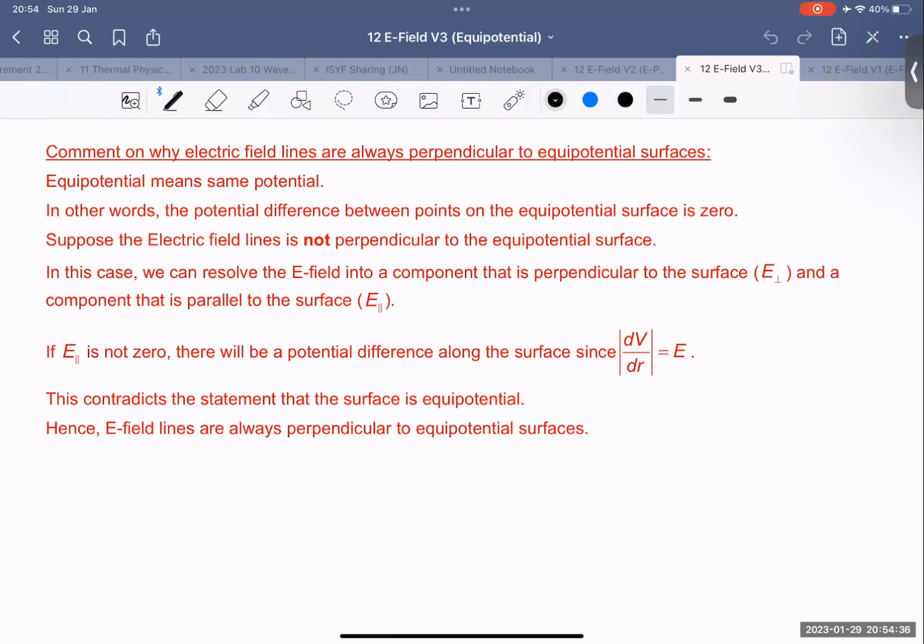If the component parallel to the surface is not zero, there will be a potential difference along the surface. So this contradicts the statement that the surface is equipotential. Equipotential means the potential difference is zero. Hence, E field lines are always perpendicular to equipotential surfaces.